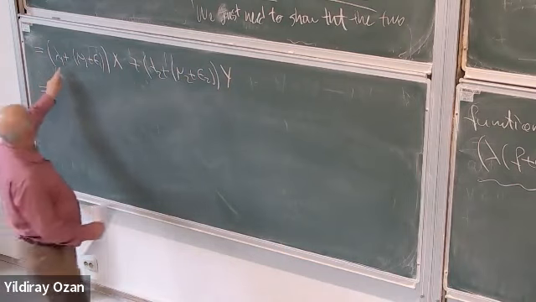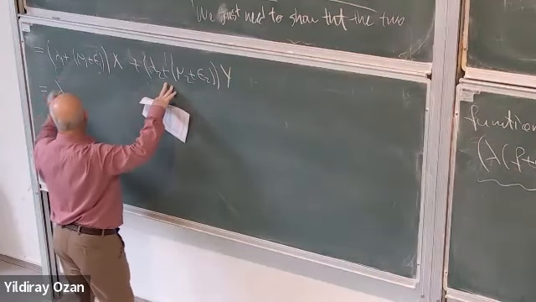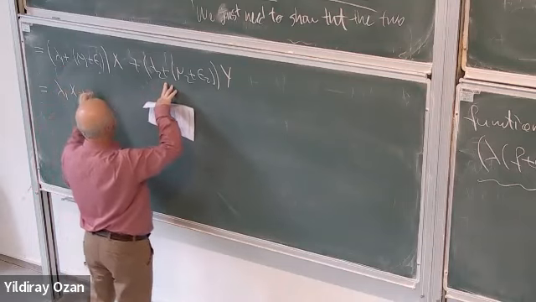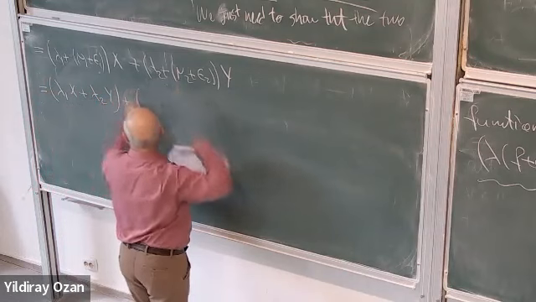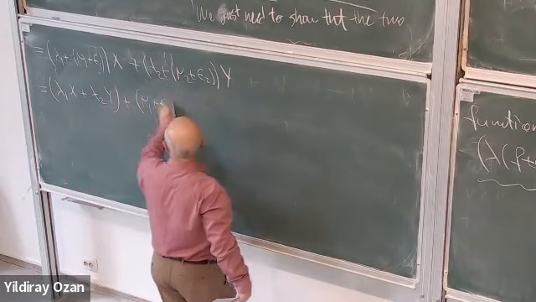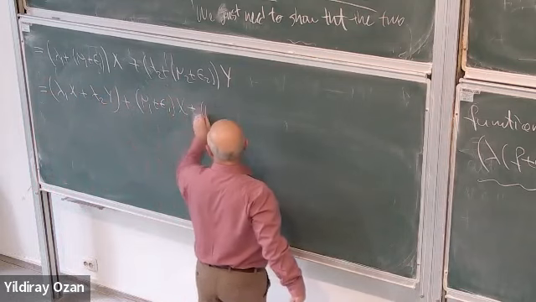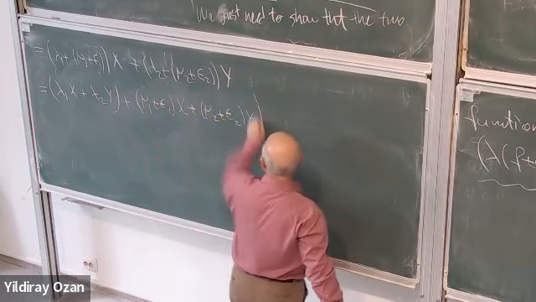And then we do what? Here the addition, so I can write it this way. This is just lambda 1 times x plus lambda 2 times y, plus mu 1 plus epsilon 1 times x plus mu 2 plus epsilon 2 times y.